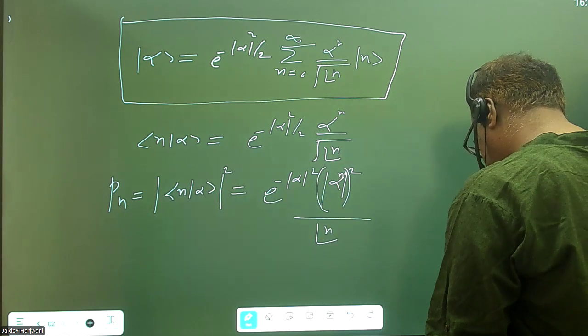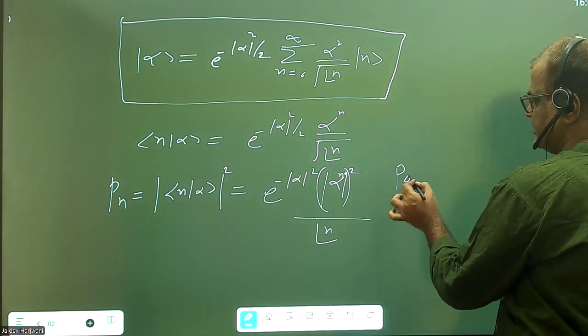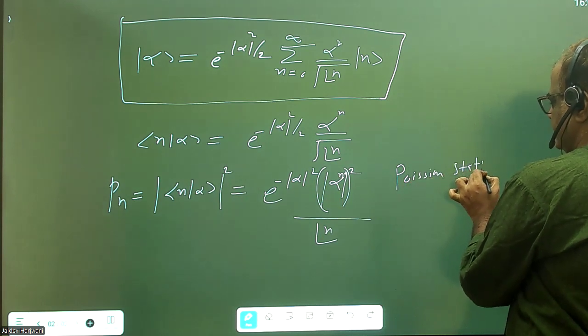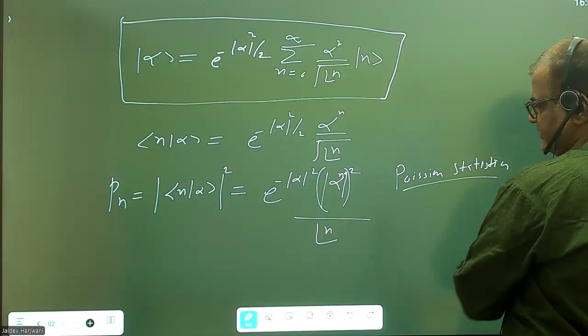So this is the formula for Poisson statistics.